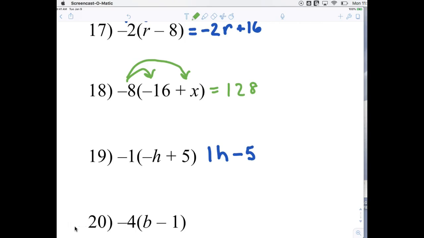Negative 8x. This is a 1, so 1 times negative 8. That's why this is negative 8.